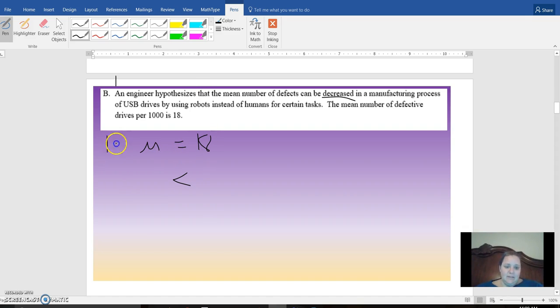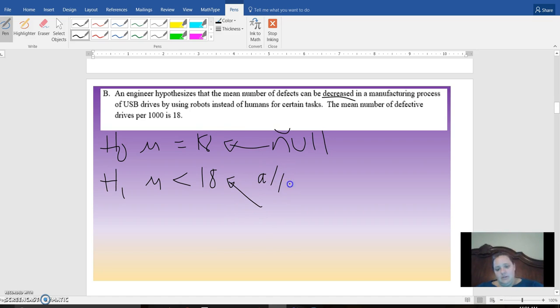So this is the null. And then the researcher hypothesizes that it's less than 18. So this is the alternative. It's also called the claim, what the researcher is claiming.